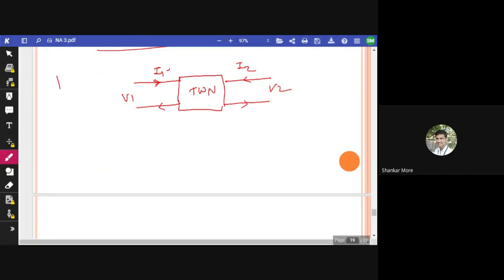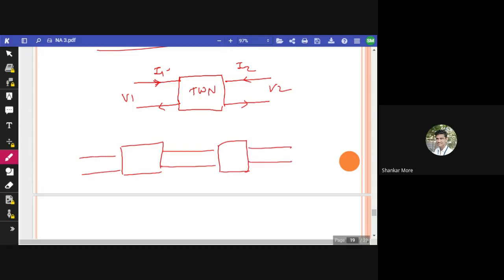Now when we put the circuits in series, the basic phenomena should not change. Like if you say, sir, can I put this is network 1 and this is network 2, are these in series? Are these in series, guys? Do you think these are in series?